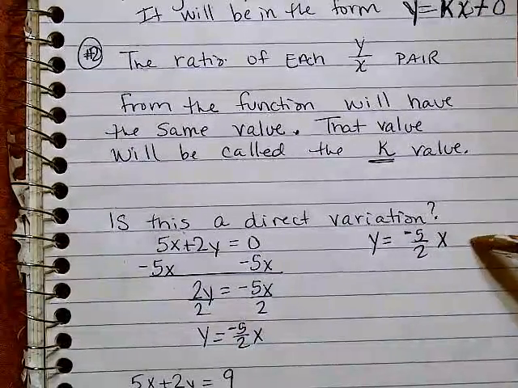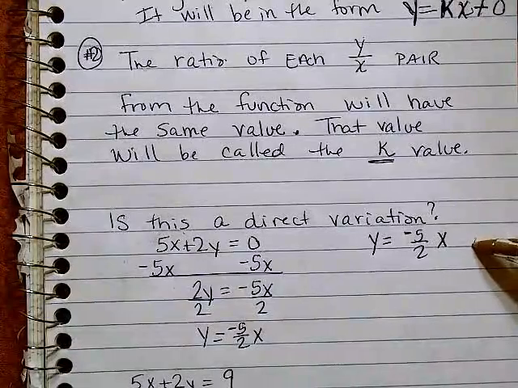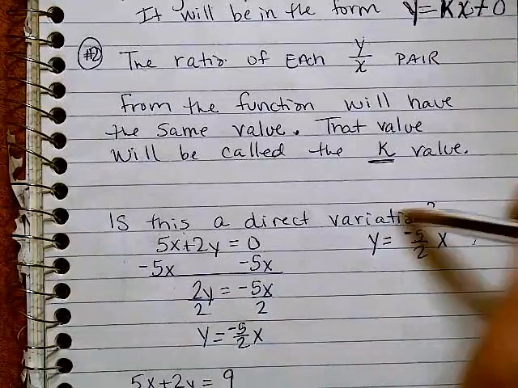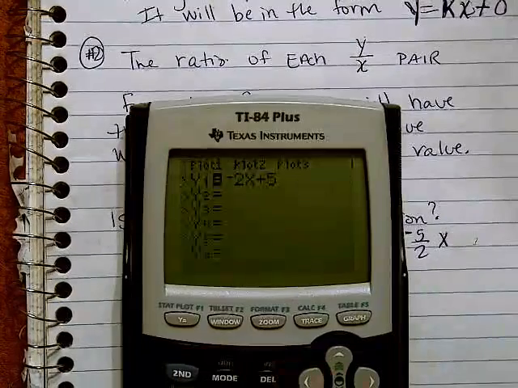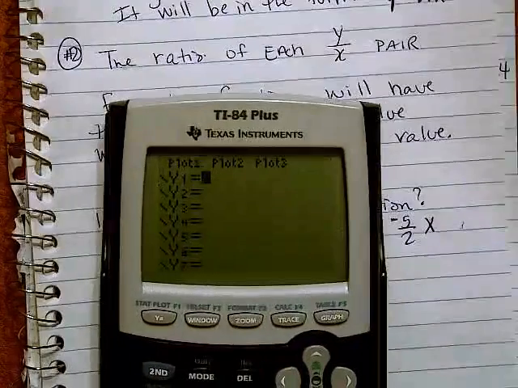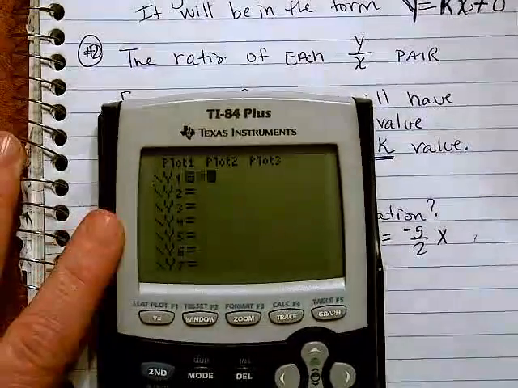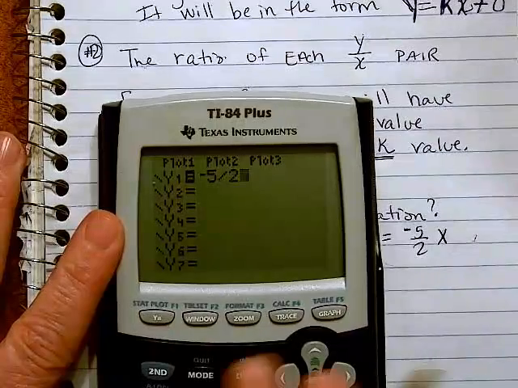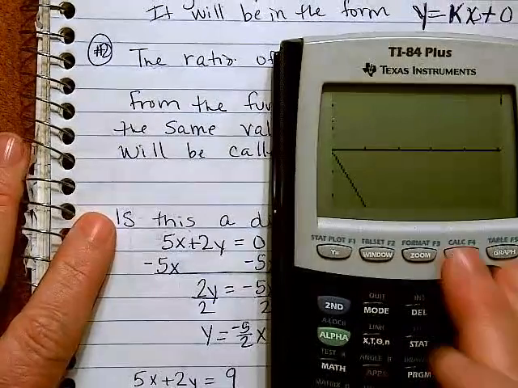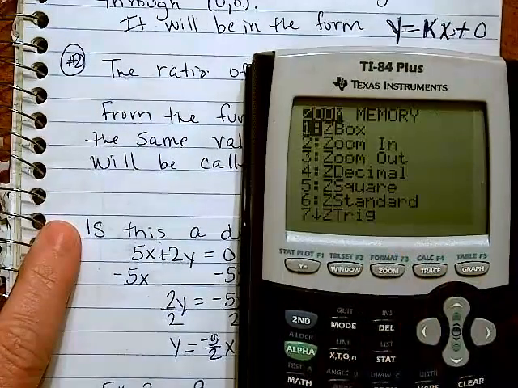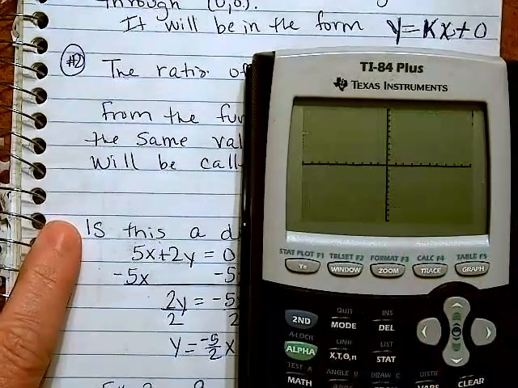Now, compare it. Is there anything added to the end? No. So is this a direct variation? Yes. Let's double check it. Let's graph y equals negative 5 over 2x. I'm going to have to hit zoom 6 to get back to the standard window.